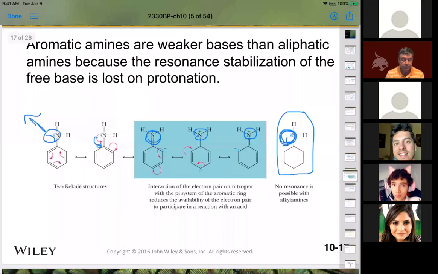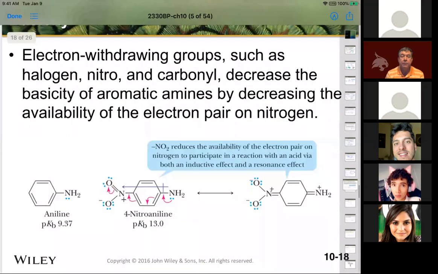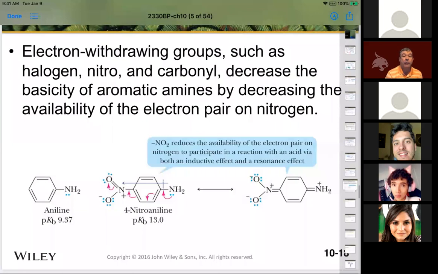So now I said on that table before that the electron withdrawing group can decrease the basicity again. So this is more of an inductive effect as well as a resonance effect that we saw in the other. Just having the aromatic ring gives you resonance structures that allow there to be a positive charge on that nitrogen.